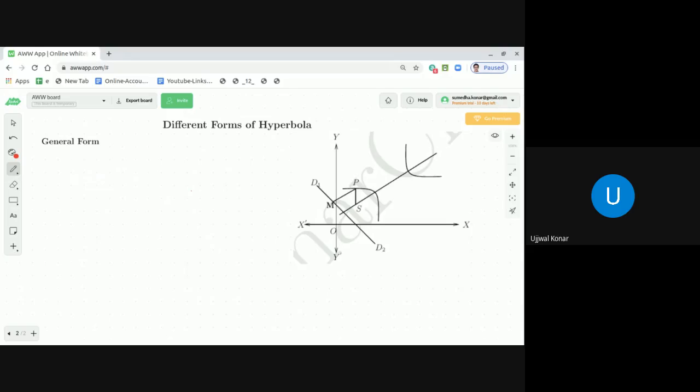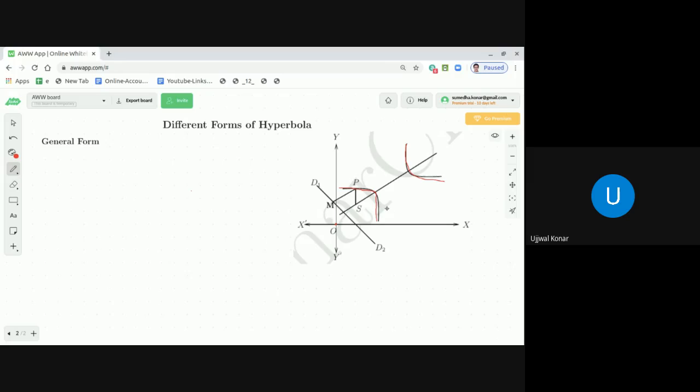Anyway, dear students, this is the coordinate axis, X O X dash, Y O Y dash, and this is the origin. Now, the curve is this, this is the curve as you see.